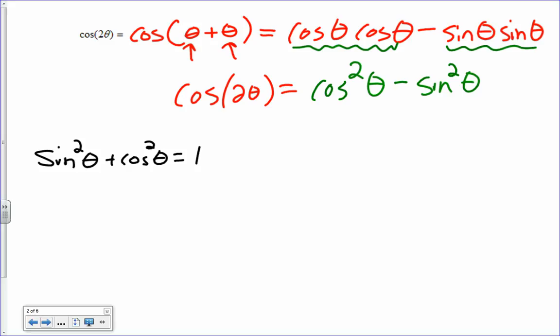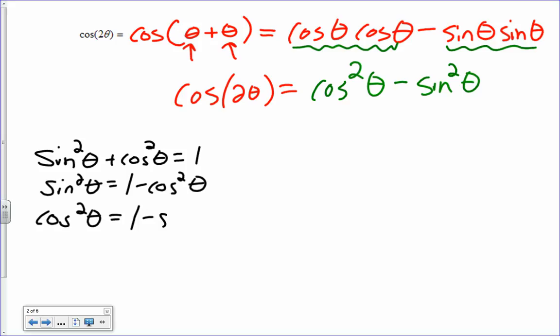And so if I wanted to, do you agree that's also true? By just subtracting cosine. Or if I wanted to, from the original, I could have done this. These are all true. They're just manipulations of the same thing.